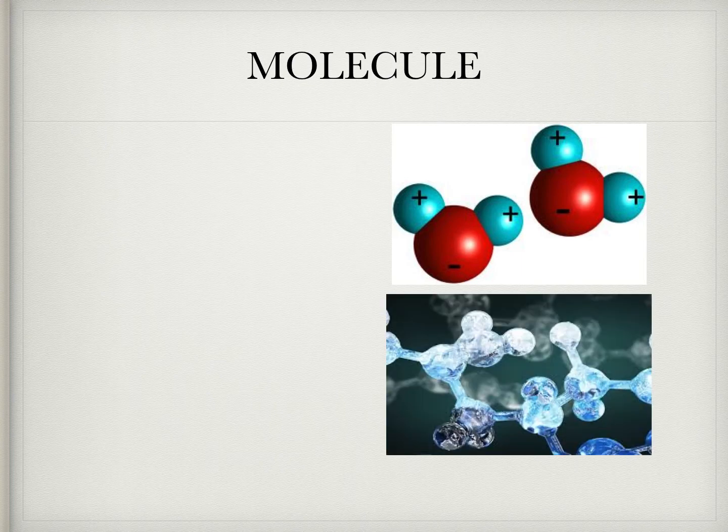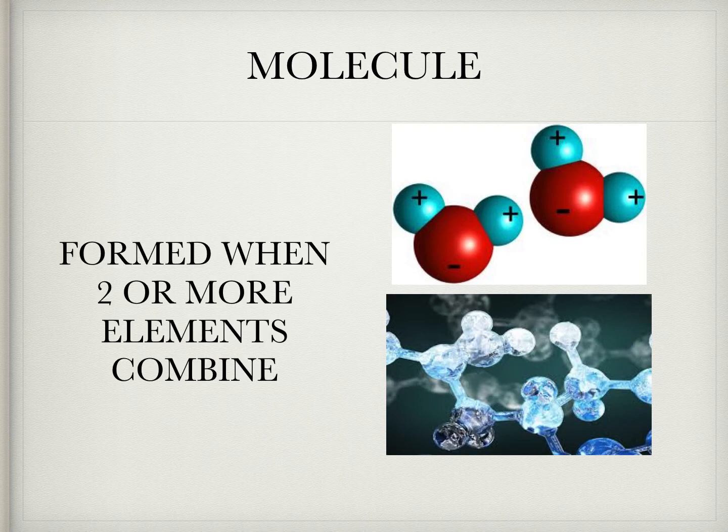You can see the Mickey Mouse and the highlight in the corner. Molecules are formed when two or more elements combine. So atoms come together to make elements, and elements come together to make molecules. Later on, we'll talk about how matter is made up of atoms and molecules, because they include those three words.